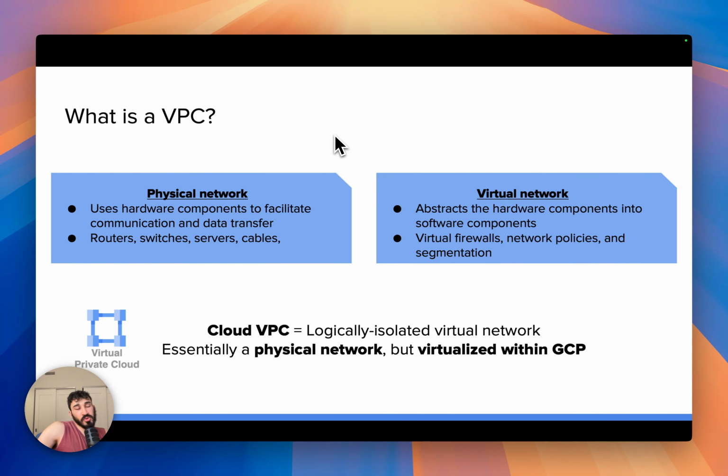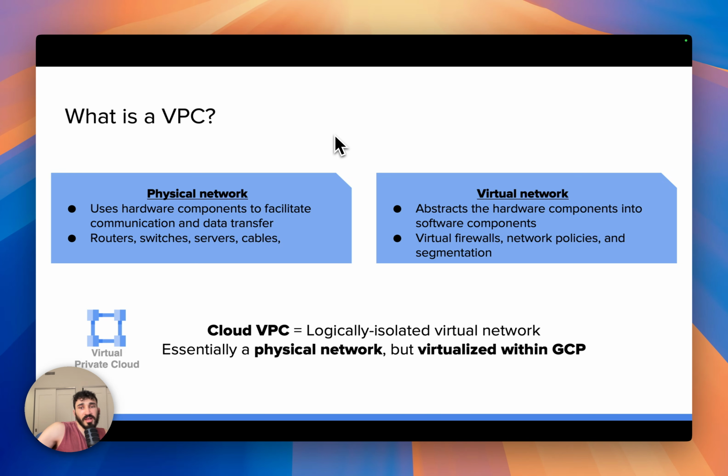All right, so that was data storage. Let's get into networking. Let's talk about what a VPC is and what Cloud VPC is. So on the left, we have the characteristics of a physical network, and we're going to compare that to a virtual network. A physical network uses hardware components to facilitate communication and data transfer, right? We're talking about routers, switches, servers, cables. A virtual network abstracts these physical components into software-defined elements.